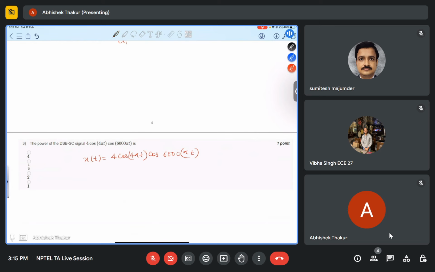First we will see how we represent the double sideband suppressed carrier. Let's suppose the message signal is m(t) and the carrier signal is c(t).